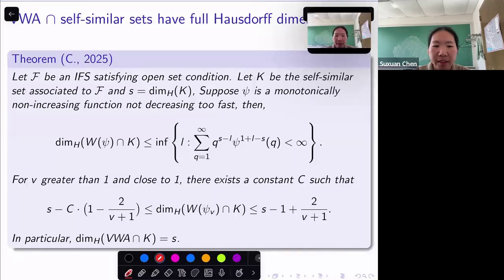So we have that the Hausdorff dimension of very well approximable numbers intersect with K is equal to S, which is the Hausdorff dimension of the self-similar set K. Okay, let me pause for a second and see if people have any question with the statement.